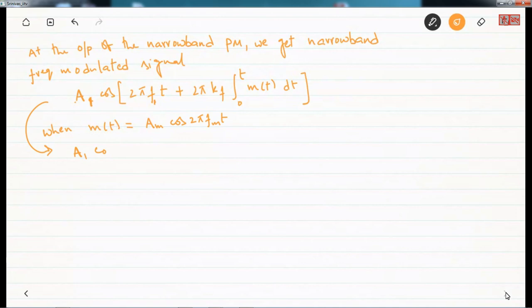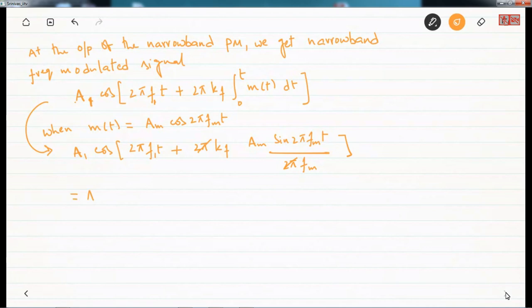A1 cos 2 pi f1t plus 2 pi kf into the integral of am cos 2 pi fmt. So it becomes am sin 2 pi fmt divided by 2 pi fm. So this gets cancelled.